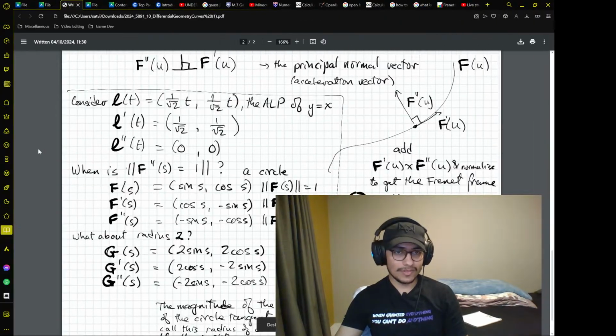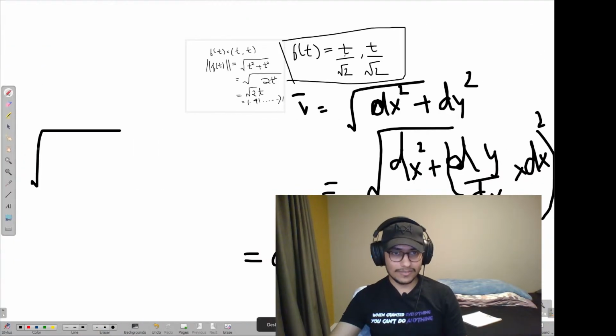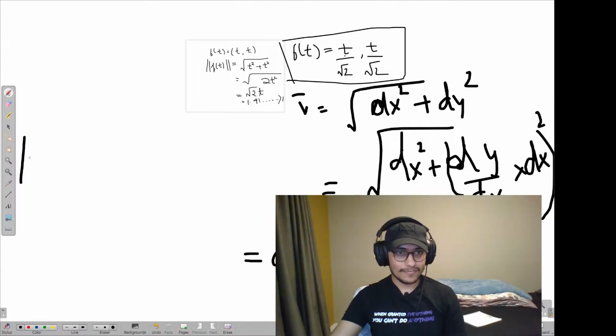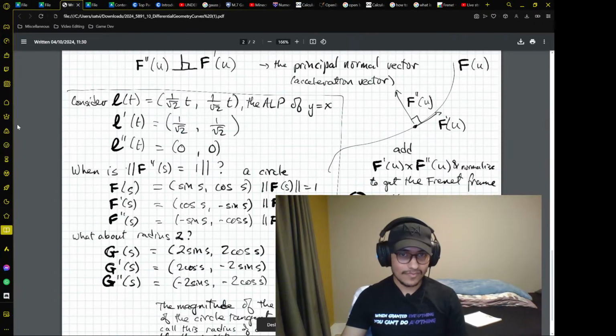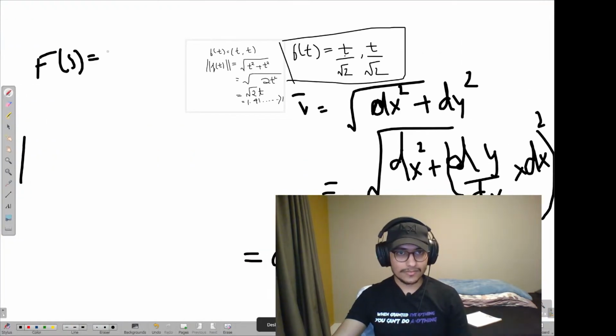Let me write what fs is. It is sine x, cos x. So this is the equation of a circle.